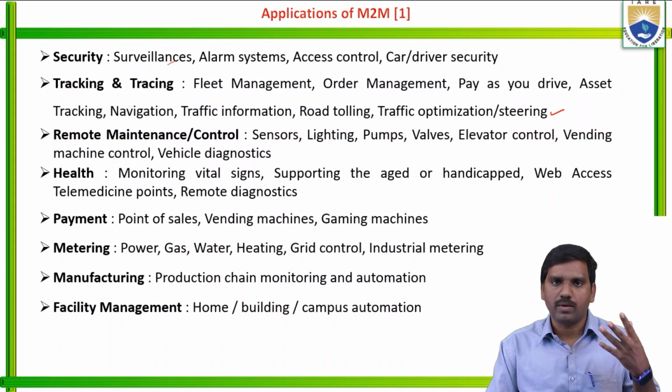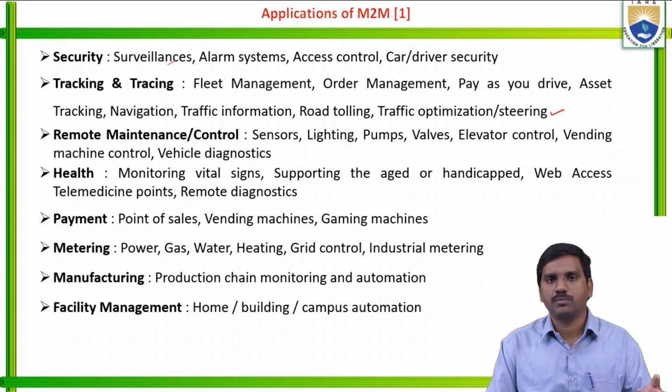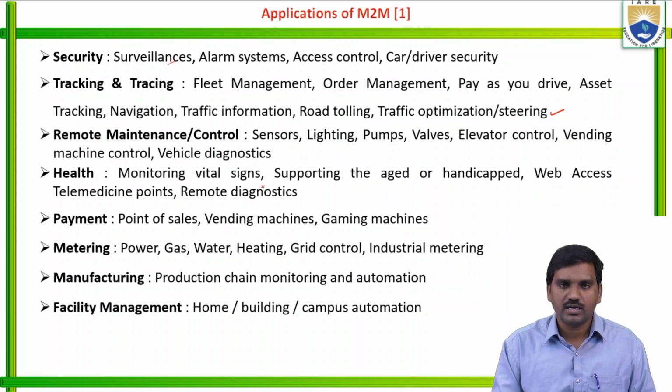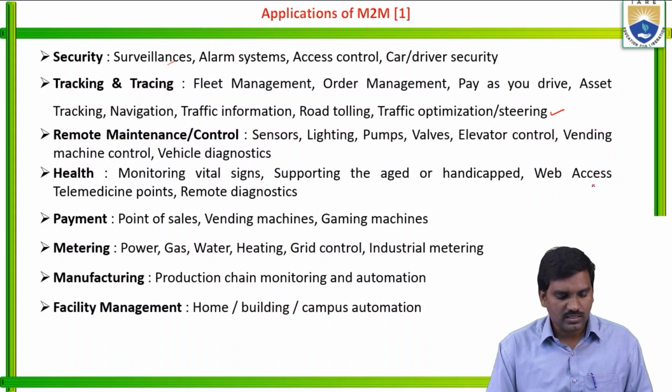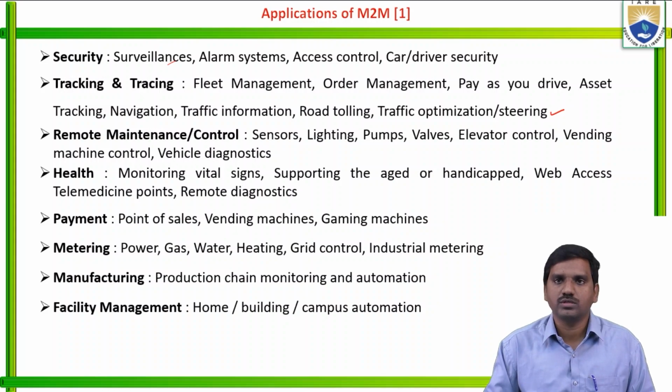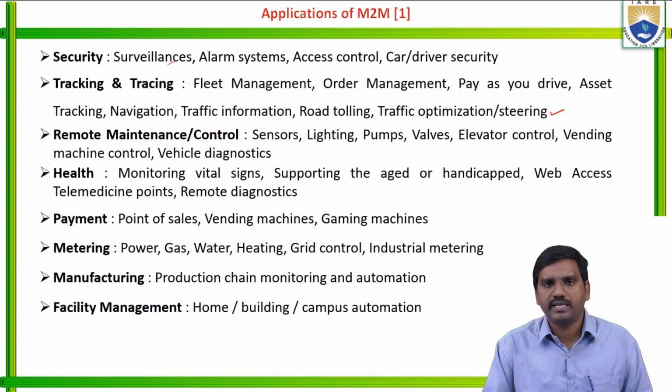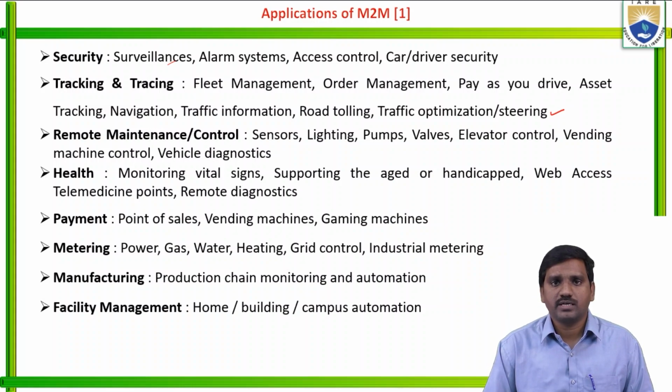Next, the department of health is also one of the applications of machine to machine. In order to monitor patients, we measure parameters like room temperature, blood pressure, and body temperature. Monitoring vital signs, supporting aged or handicapped people, web access, telemedicine points, remote diagnostics center. These days, in some of the biggest hospitals, doctor appointments are virtual only.